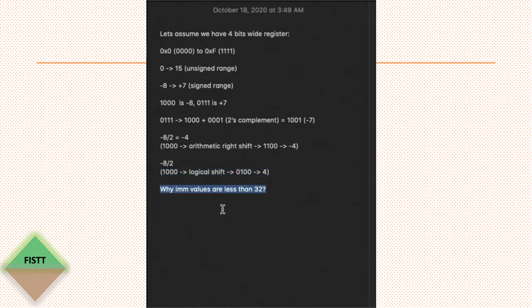And this one I think I already explained, why immediate values are always less than 32 bits: when a platform supports an instruction, that instruction has to be stored in a register. For example, in RV32I, the instructions are 32 bits wide.